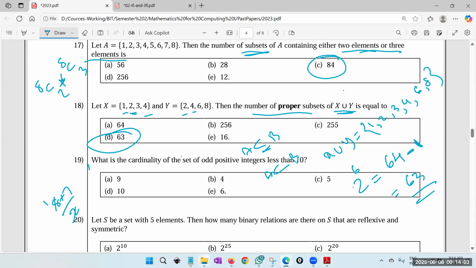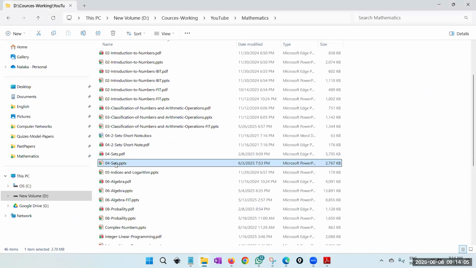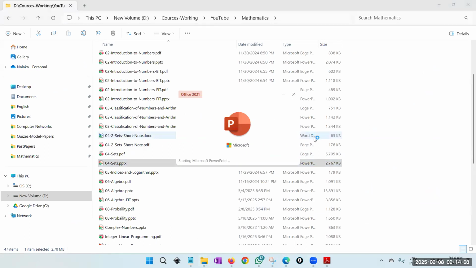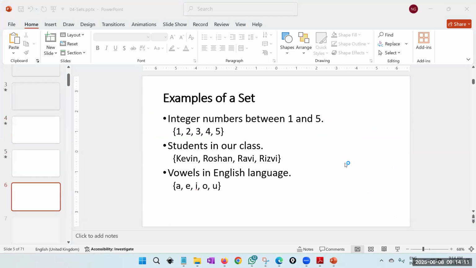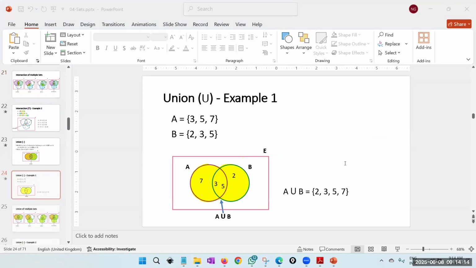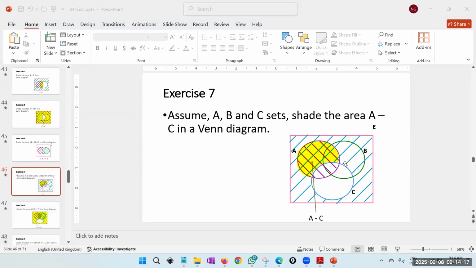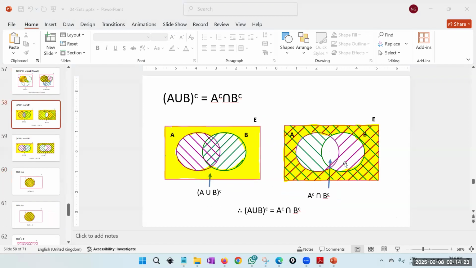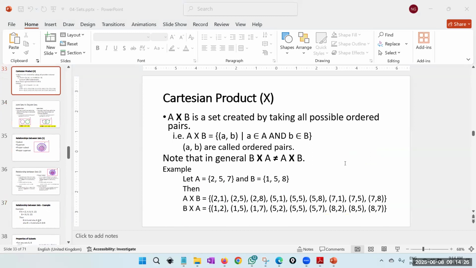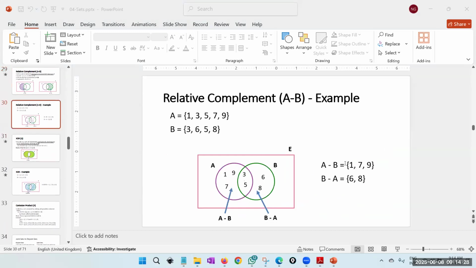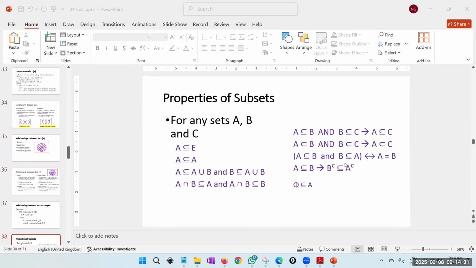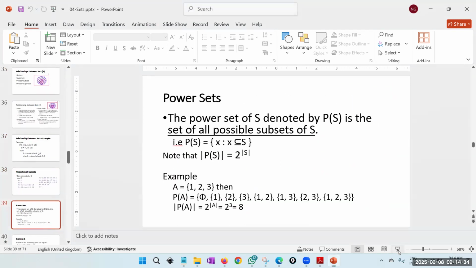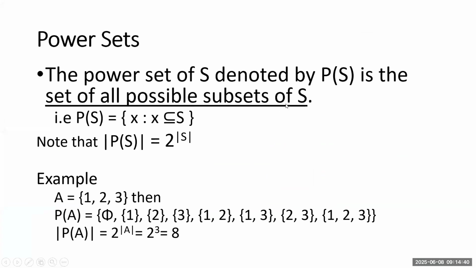Now it's something like this. Let me open the notes. Sets. Right, so this is the definition of power set: the set of all possible subsets. Remember, when we take subsets, the set itself is also taken.